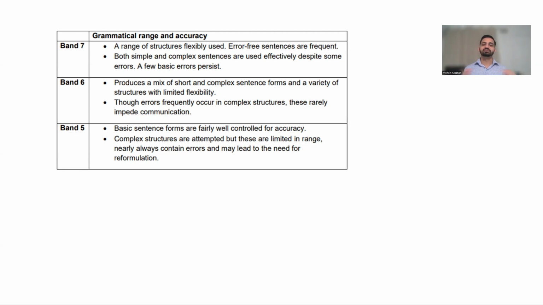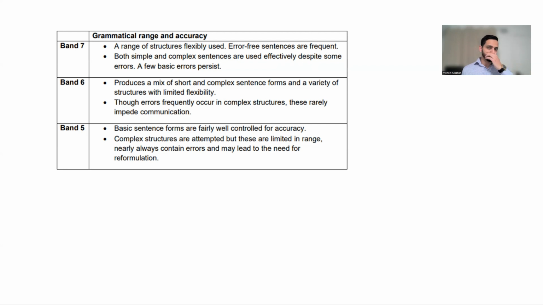If your basic sentence forms are fairly well controlled for accuracy, basic sentence forms, simple sentences, not complex or compound sentences, but the accuracy is good, you will get band 5. Or complex sentences are attempted. You're trying to use complex sentences with linking words, but these are limited in range, nearly always contain errors, and may lead to the need for reformulation. Then in that case, you're going to achieve band 5.